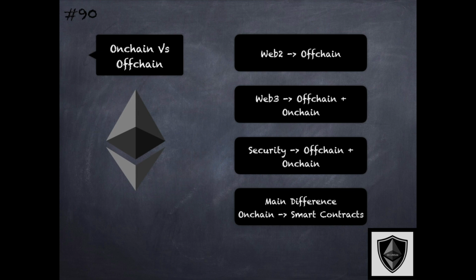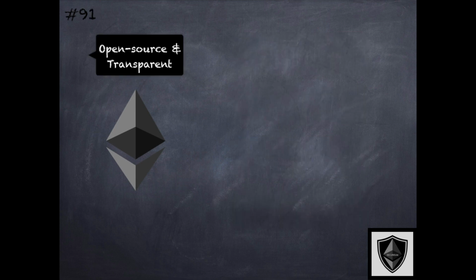So when it comes to thinking about security in a different way, it's not just the Web2 or the off-chain component, but the smart contracts that are unique and specific to Web3. That is something that is very new from a security perspective that we need to think about, we need to design, look at the pitfalls that are unique to smart contracts, look at the best practices, and so on.